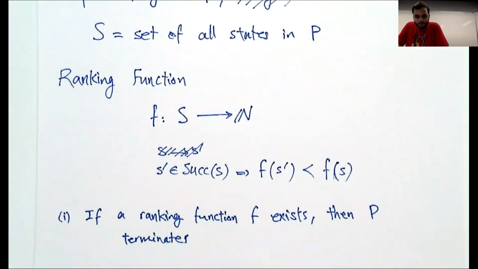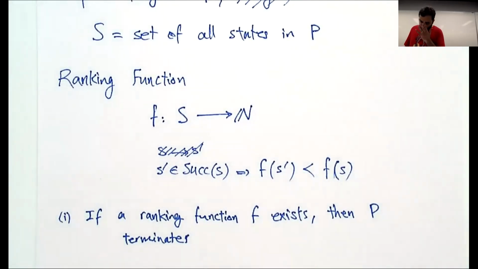So this is the first thing that I want to prove. I want to prove that if I have a ranking function, then my program terminates. Why? Well, at every step of the execution, the value of f is decreasing. Let's say that I started at some state S0.